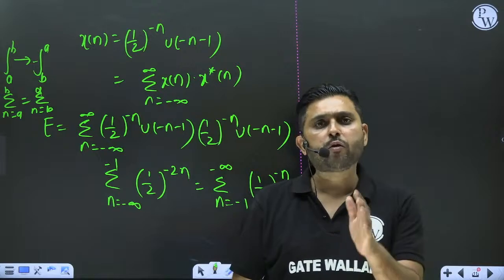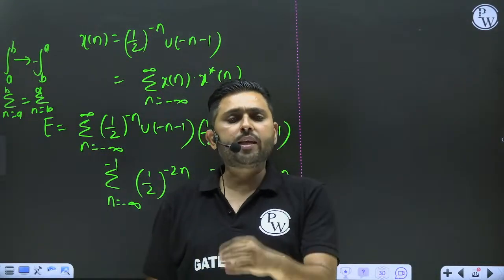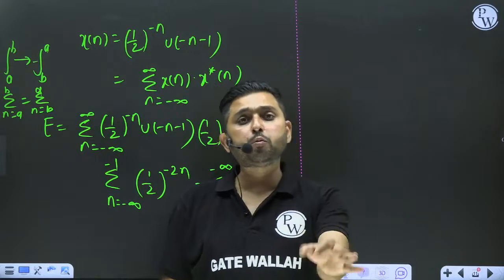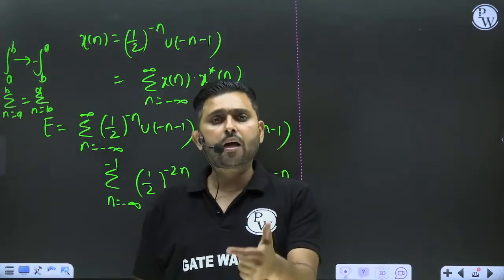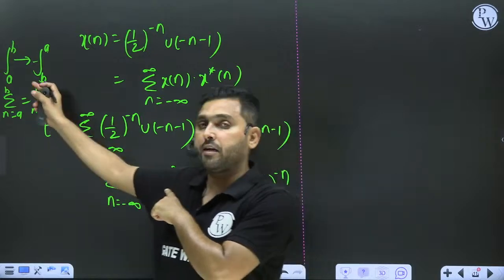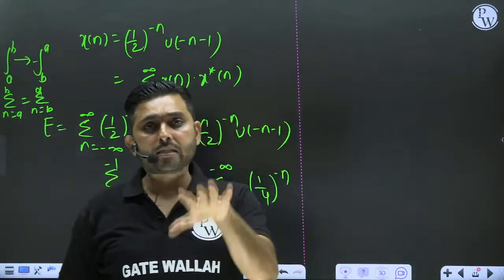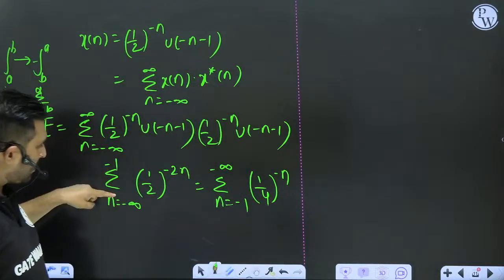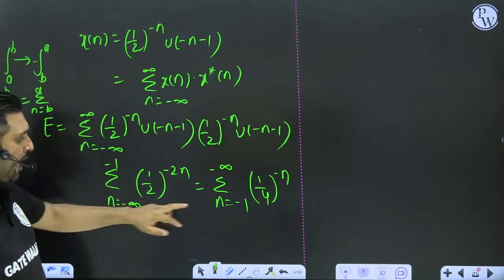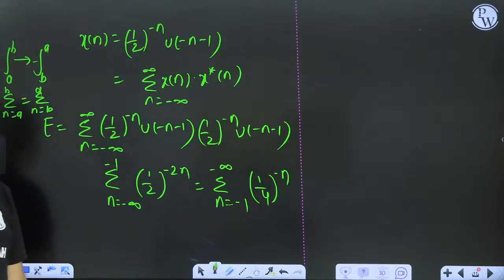See, if you count 1 plus 2 plus 3 plus 4, the result is the same as 4 plus 3 plus 2 plus 1, because summation is always commutative in nature, but integration is not commutative. It is a vector. It depends on direction also. That's why the minus sign will come. So if I change the limit here from minus infinity to minus 1, I will change it to minus 1 to minus infinity here. Okay.